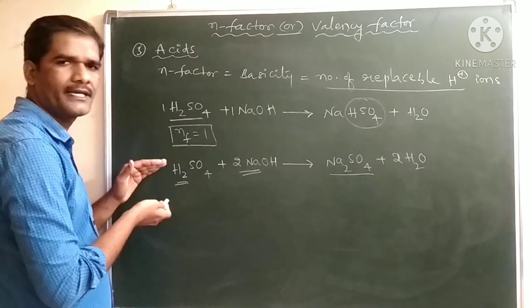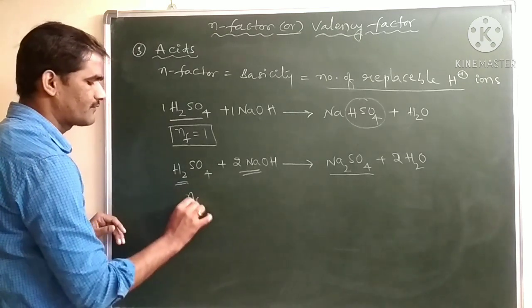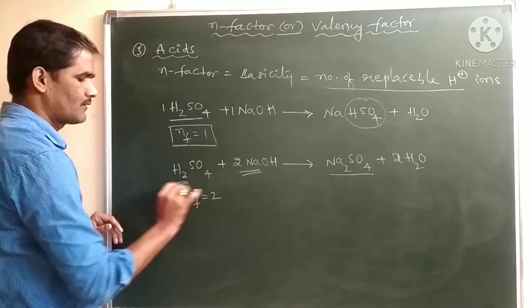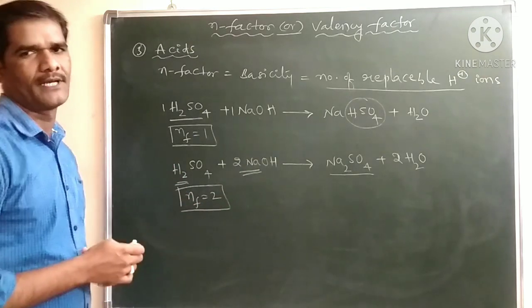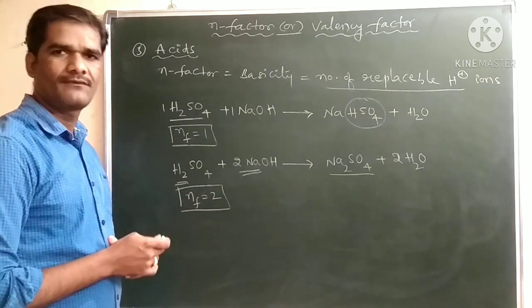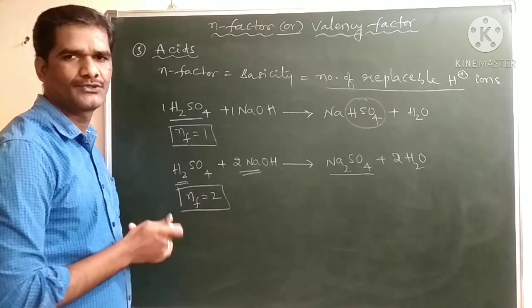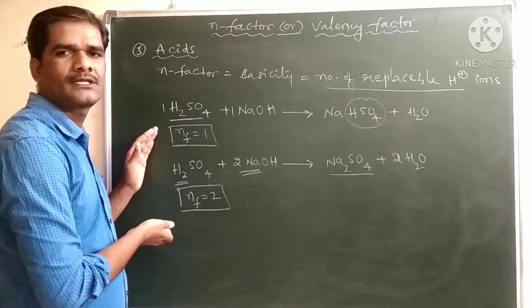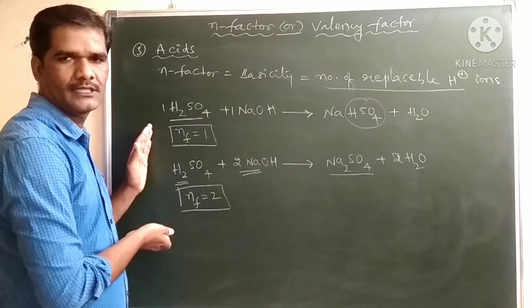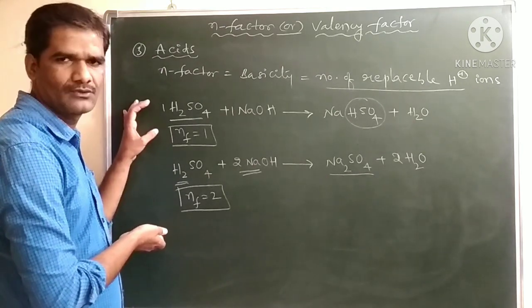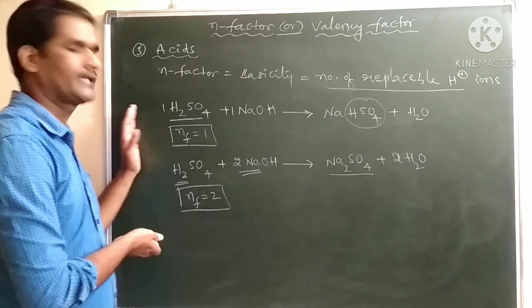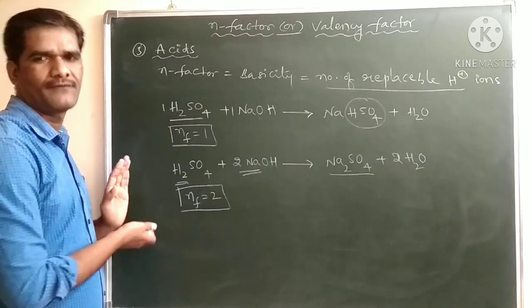So now we can say the N factor for H2SO4 is 2, because here 2 hydrogens are replaced. If they ask what is the N factor for H2SO4 individually, it is 2. But in a reaction, it depends on the reaction conditions. If it replaces only 1 hydrogen atom, the N factor is 1. If it replaces 2 hydrogen atoms, the N factor is 2.